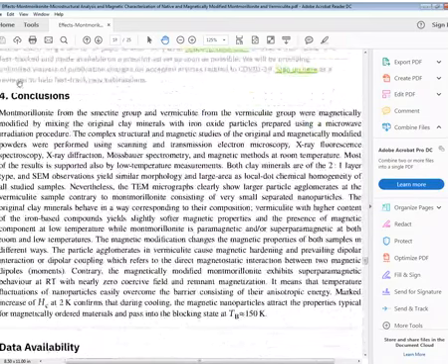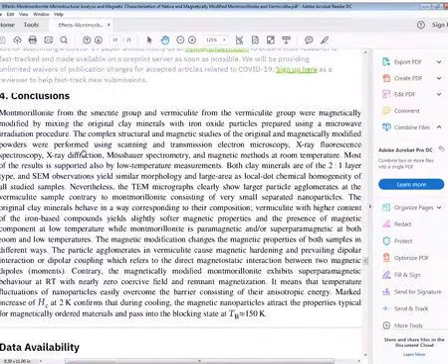The conclusion says: montmorillonite from the smectite group, a group of clay, and vermiculite from the vermiculite group were magnetically modified by mixing original clay minerals with iron oxide particles prepared using a microwave irradiation procedure.